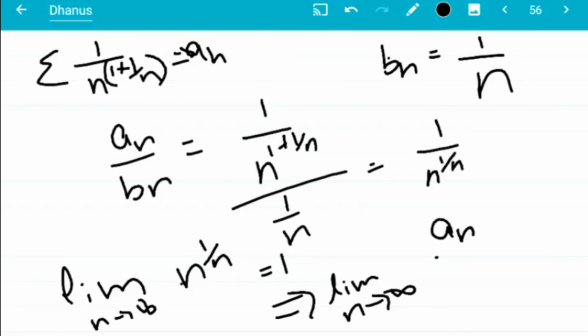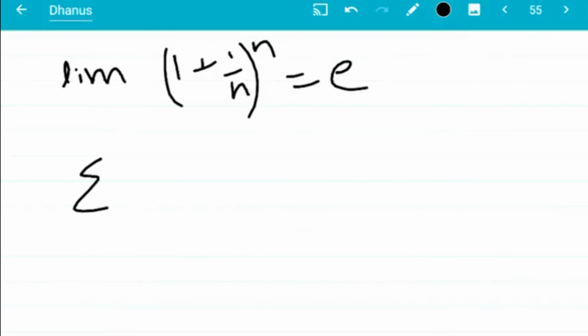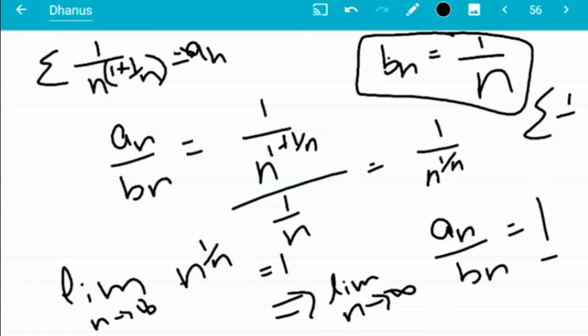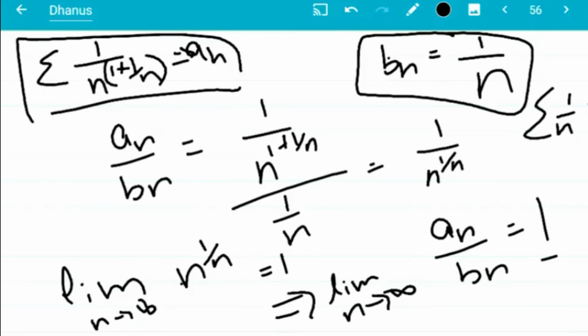Here also it is a finite value, and by the limit comparison test we can say that An and Bn converge or diverge together. Since summation 1 by n is divergent, this series is also divergent, and so our guess is not true.